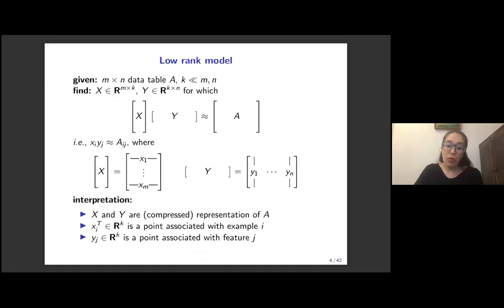You can think about the row of X or the column of Y as being points associated with example i or feature j. And you can do imputation by noticing that the inner product between the ith row of X and the jth column of Y will then approximate the ijth entry of A, if this squiggly equals relation holds.